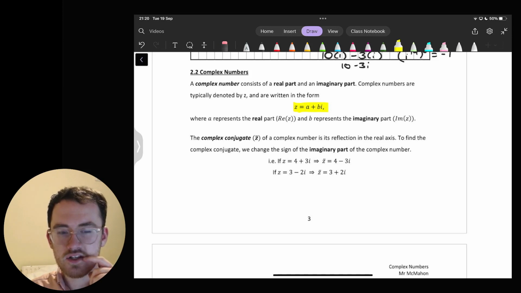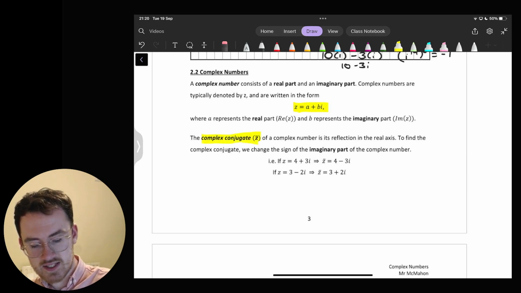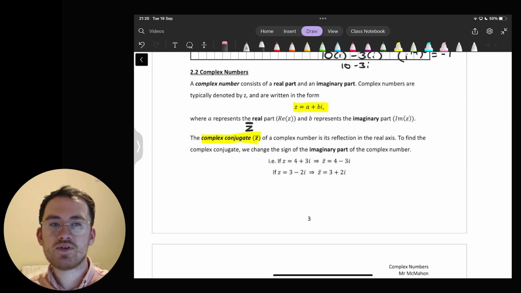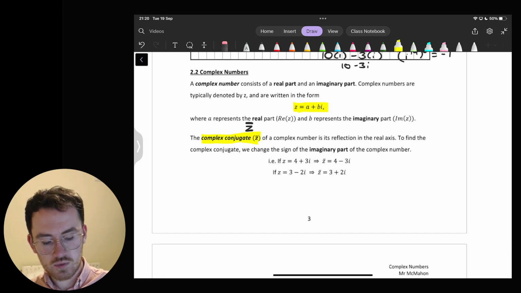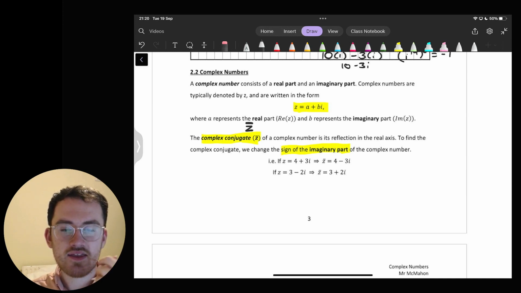The complex conjugate is our next thing that we need to learn, and it's represented by z with a little line over it. It represents the reflection in the real axis. To find the complex conjugate, we change the sign of the imaginary part. So in the examples, if z is 4 plus 3i, then z conjugate is 4 minus 3i.